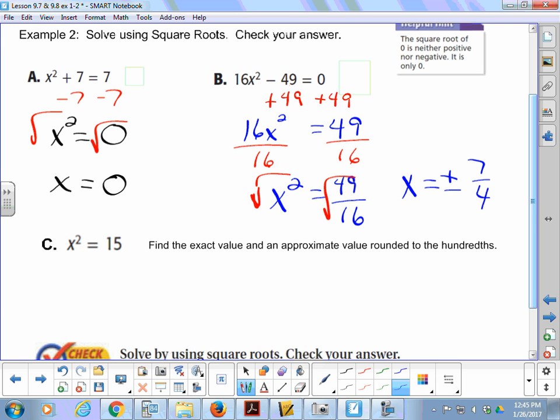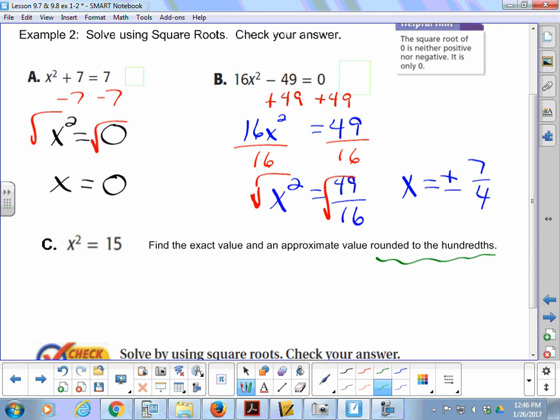So here we have x squared equals 15 again. All right. Showed this in that example, but we're going to bring it back, and we want to find the answer and approximate it to the nearest hundredths. How many decimal places is hundredths? Okay, so 2 decimal places.